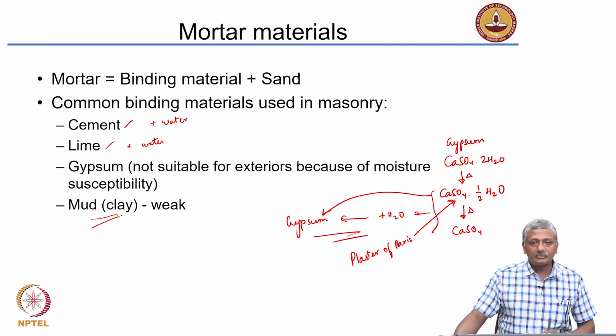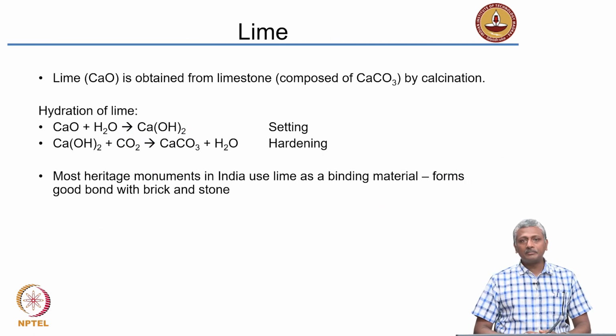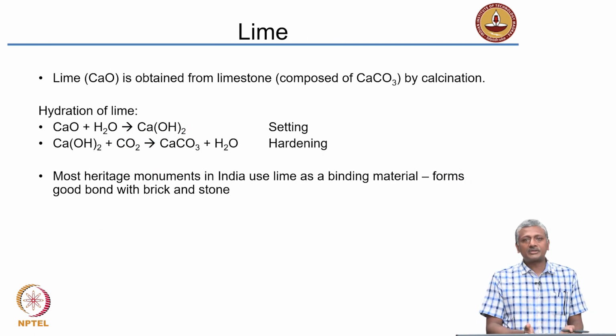Okay, now one of the materials that is used extensively in India for most of our heritage monuments in the past is lime, and lime essentially was the material that was being used for thousands of years before we started using cement.